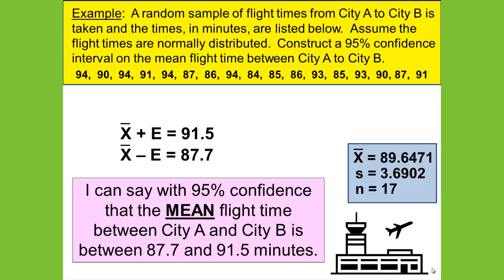Is 87.7 measured in seconds, minutes, microseconds, years? Does it take 87.7 years to get from city A to B? Well, we need to know. It takes 87.7 minutes. And again, this comes straight from the problem. Notice again that reading is our friend. This problem cannot be done without looking back at the words of the problem. The answer is in the words as well as in the numbers.